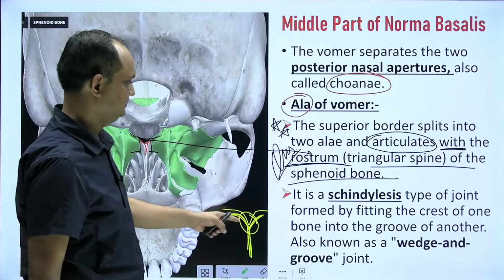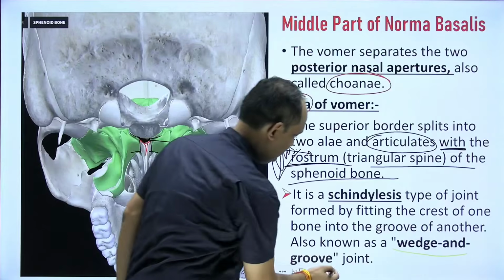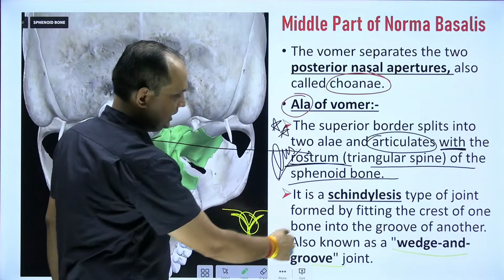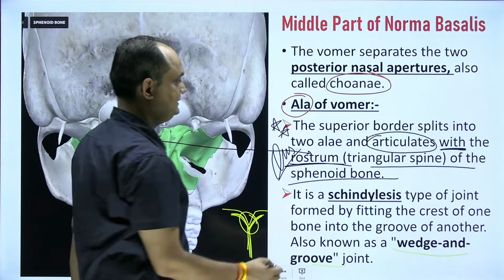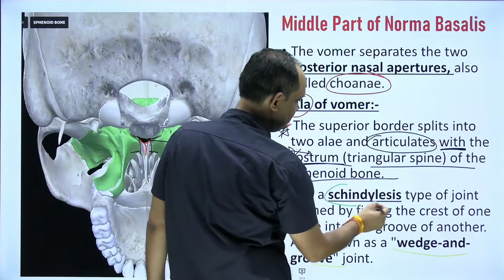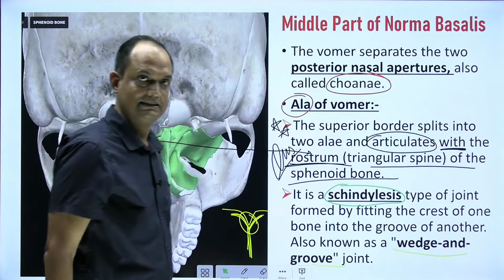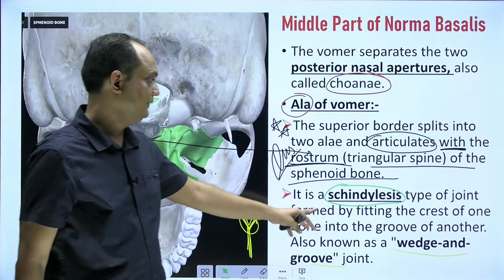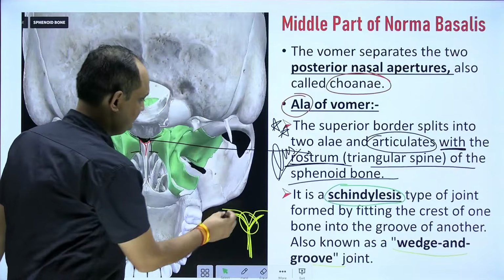Now this is known as the wedge and groove joint, also called a schindylesis, a type of joint formed by the fitting of the crest of one bone into the groove of another.